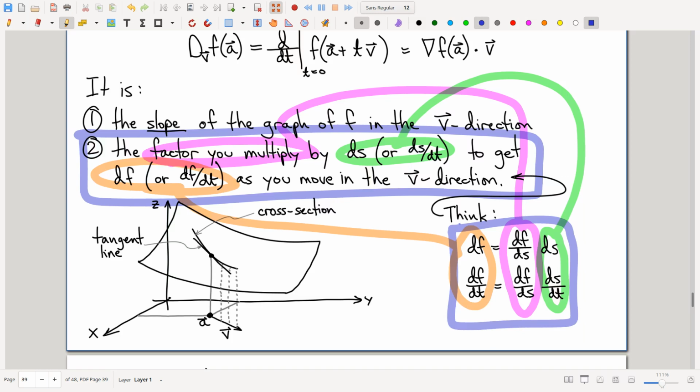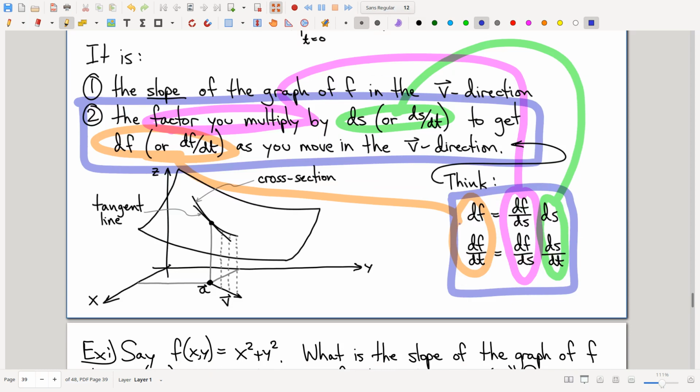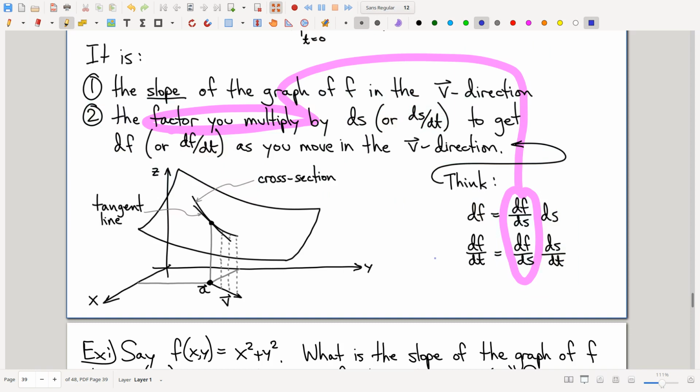Now this is just a rewrite of what I wrote in English here. I'm just writing it in algebra. The thing that you multiply by ds to get df, the thing that you multiply by ds dt to get df dt, doesn't it make sense that thing should be called df ds? It just makes the algebra look good on the page. It's a perfectly reasonable choice and very handy, very intuitively satisfying.